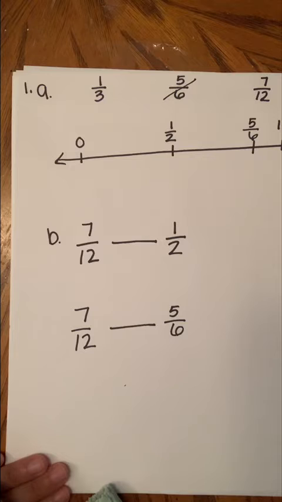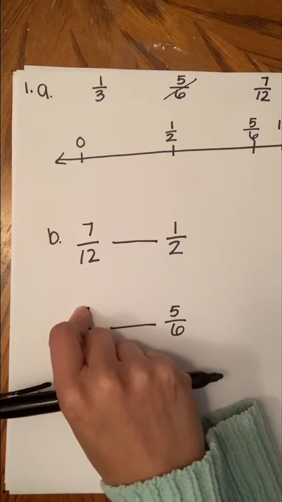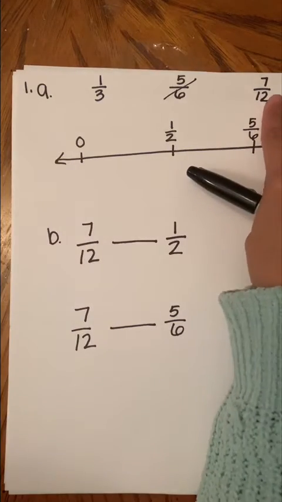Now, let's take a look at the 7/12. Well, let's see. I know that 6/12 is half, right? We know that 6/12 is equivalent to half, but this isn't 6/12, this is 7/12.